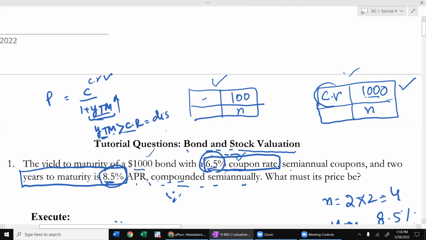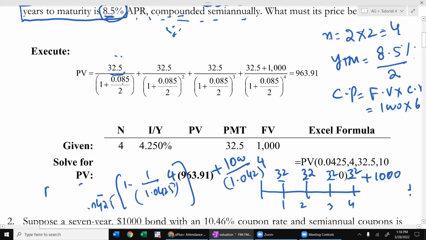If the market is giving you this bond lower than 1000, then you may buy, but how much should the price be? That is 963.91. With the given coupon rate and the market interest rate, this bond should sell at 963.91. So please remember this statement.